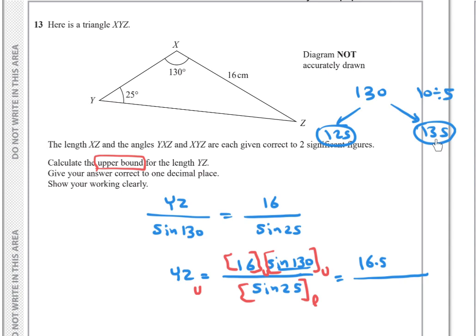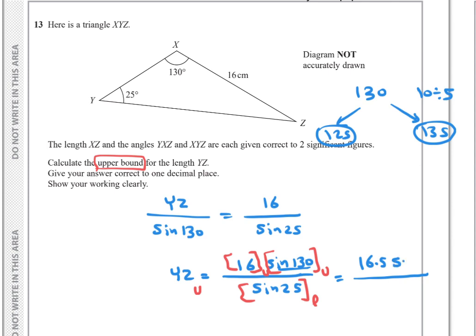But which one of them gives you the maximum for sine 130? If you use your calculator, you get that sine 125 is greater than sine 135. So sine 125 is the maximum and sine 135 is the minimum. So the upper bound for sine 130 is sine 125.